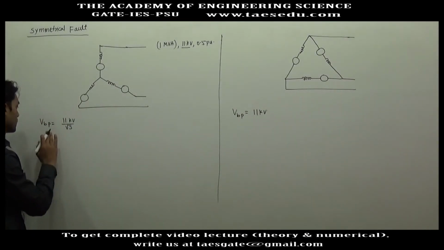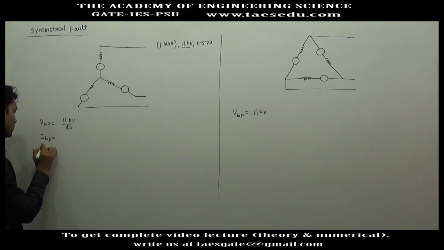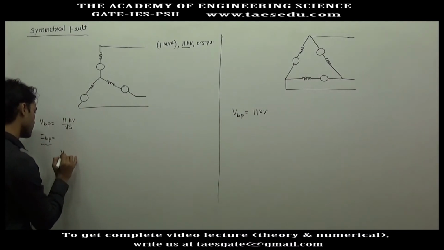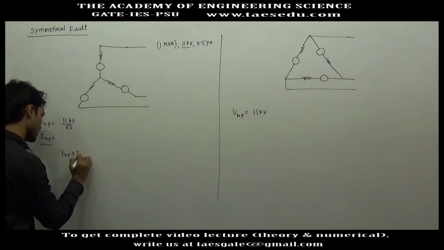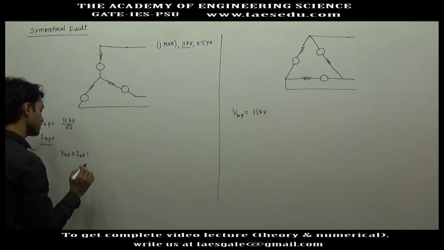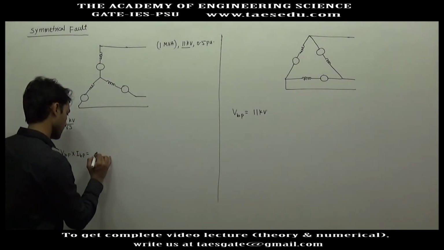What will be the base value of phase current? To calculate it, we will write: the base value of phase voltage into the base value of phase current will give you the base value of single phase MVA.